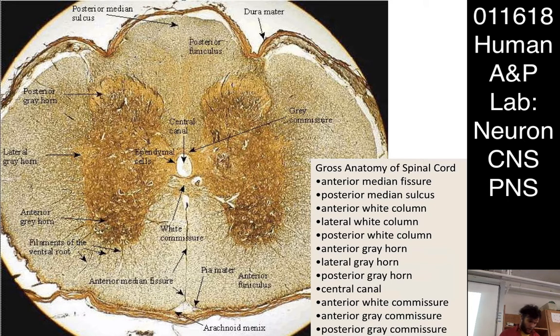So we're now transitioning from peripheral to central. And this is the spinal cord, the lowest portion of the central nervous system. The central nervous system in general is divided into gray and white matter, as is the spinal cord here. It has gray and white matter.